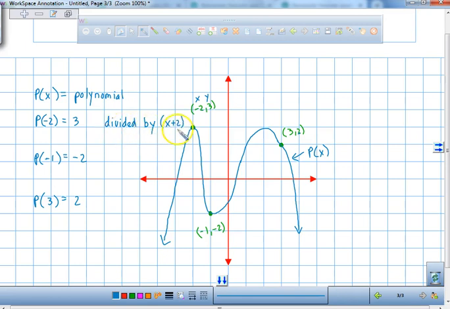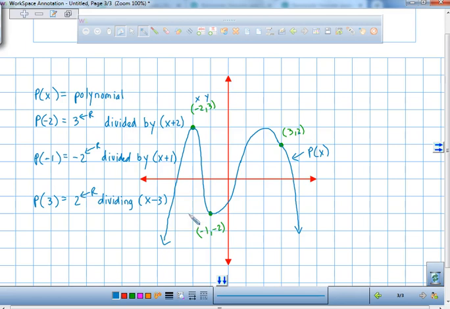If you divided by x plus 1, this would be your remainder. So what am I dividing by here? What do you guys think? x minus 3. Very good. So if I'm dividing by x minus 3, this number would be my remainder.